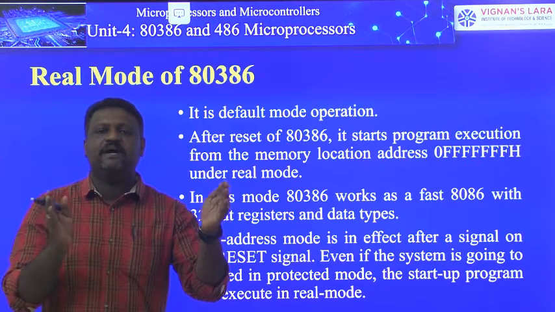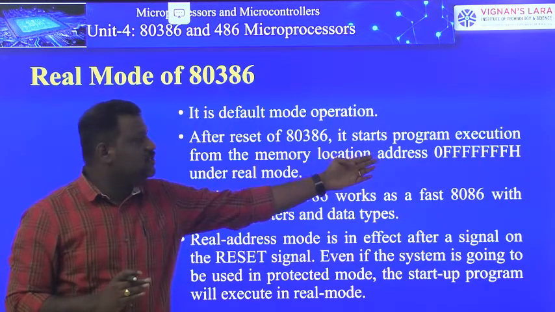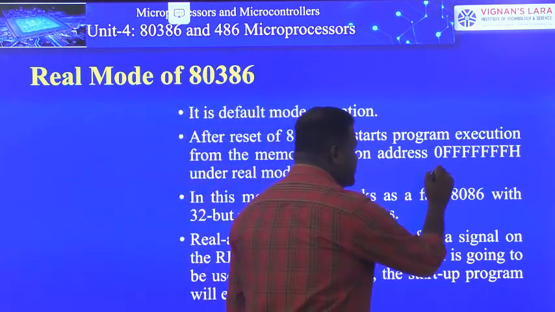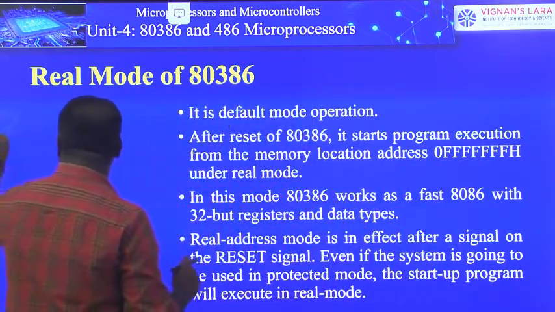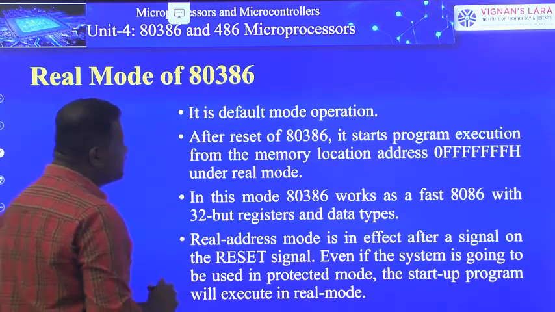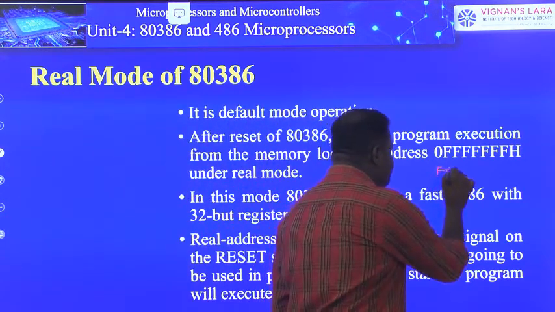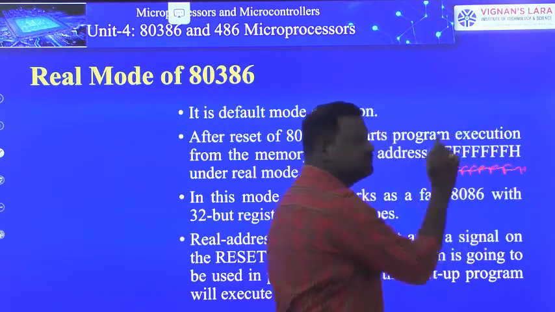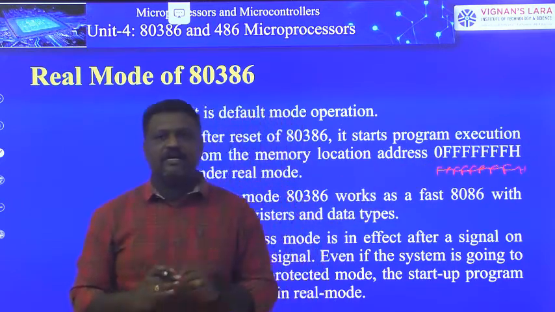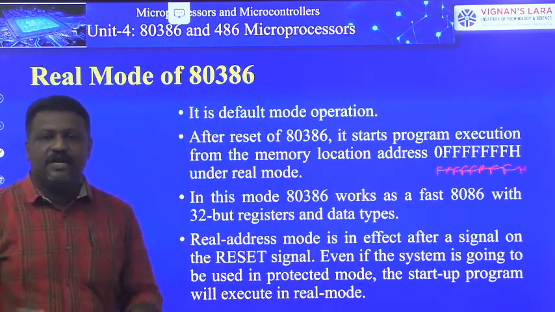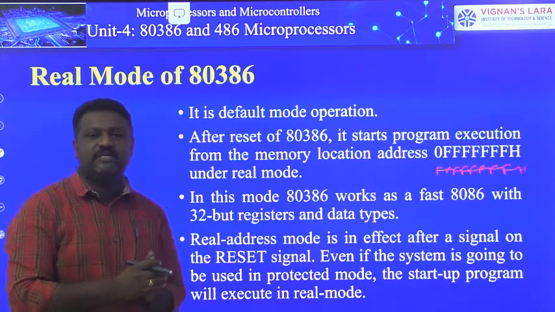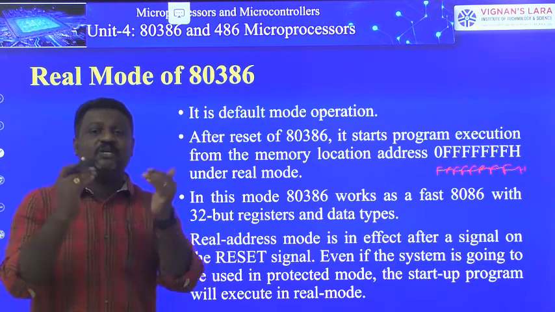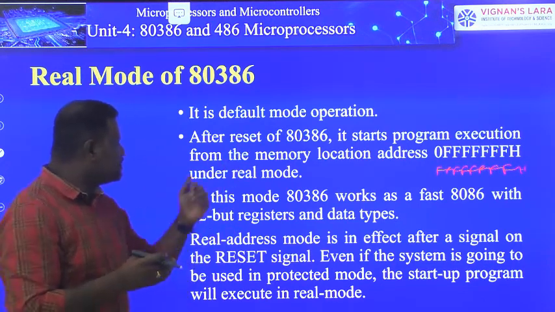The last 16 bytes start from an address 0 followed by 7FH, from that location to 8FH. 8FH indicates the last 16 bytes, which is FFFFFFFFH. So from this to this, there are a total of 16 locations. That means your initialization program of 80386 is available in the last 16 locations of your 80386 addressable memory.